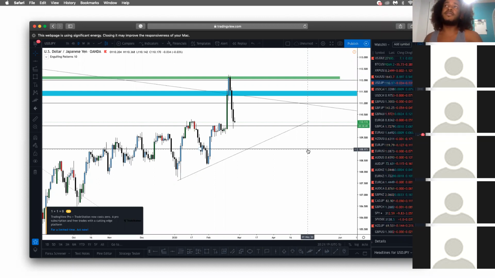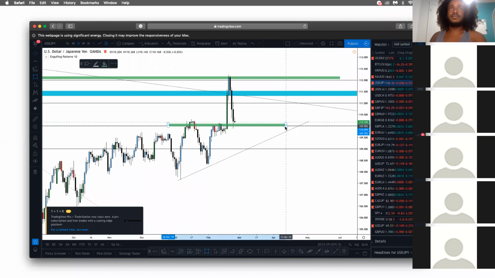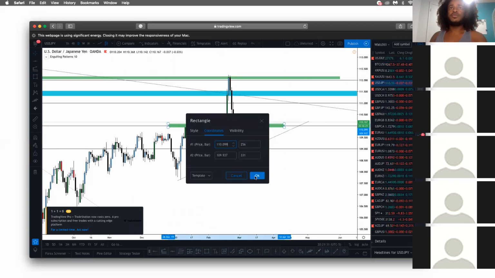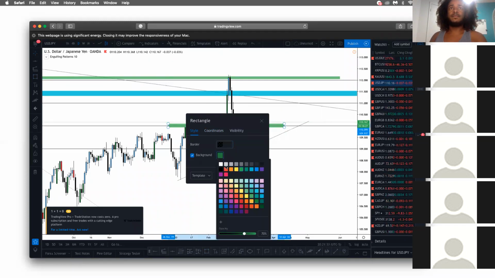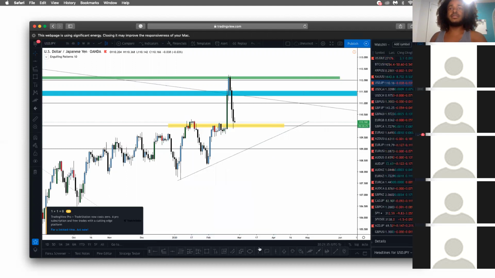The half would be 500, quarters would be 250, 750, right? So the market is reacting to our quarterly levels highlighted in yellow. Okay, we're on the daily.